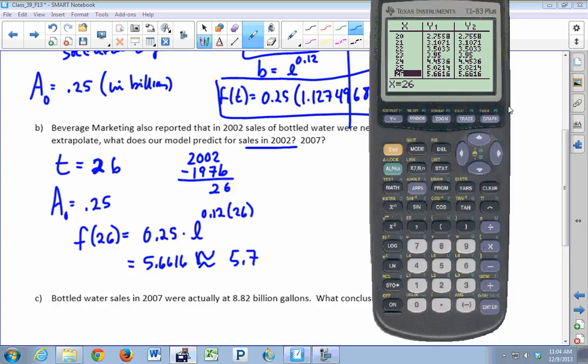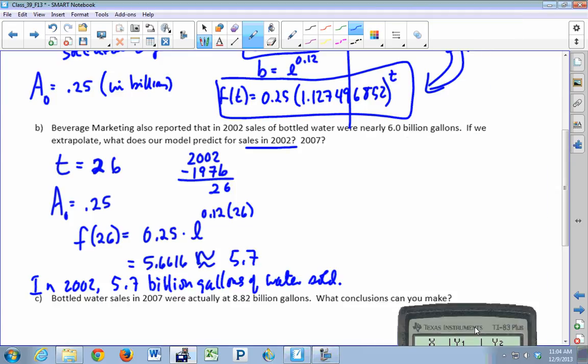So our model is predicting that in 2002, 5.7 billion bottles of water were sold. 5.7 billion approximately. So that's using the continuous rate.